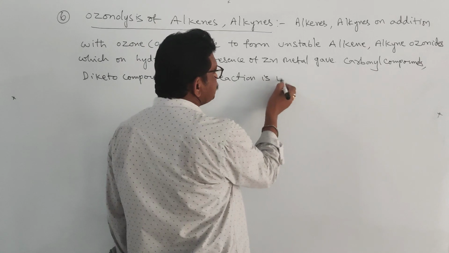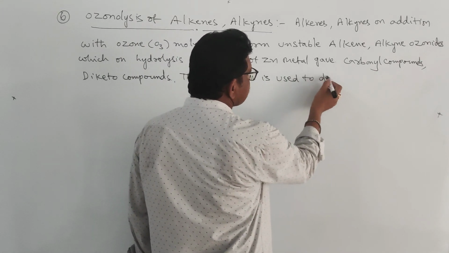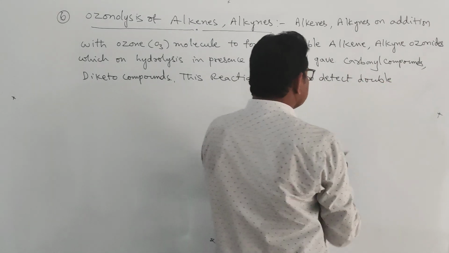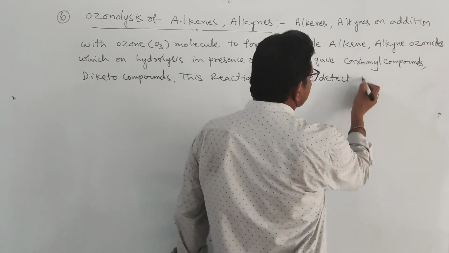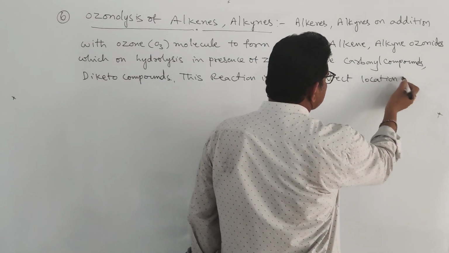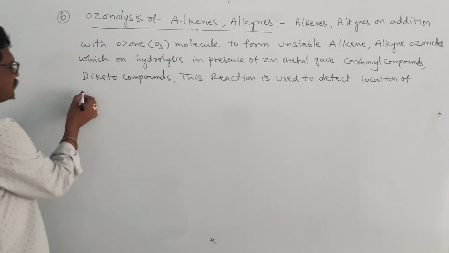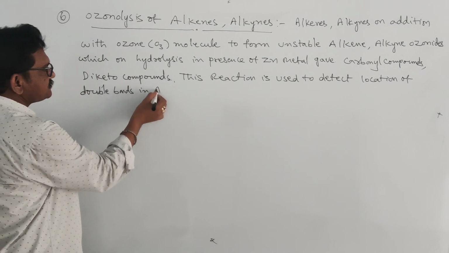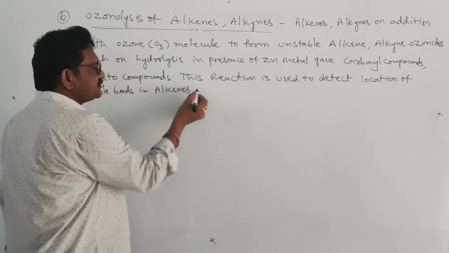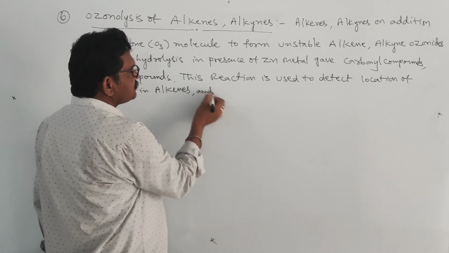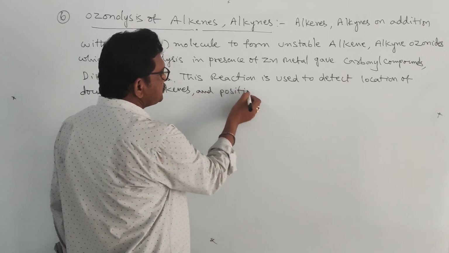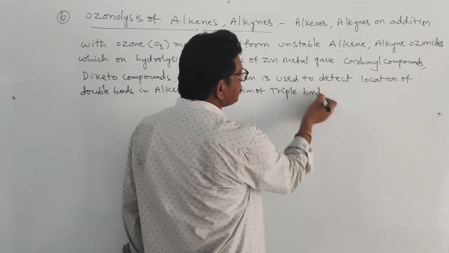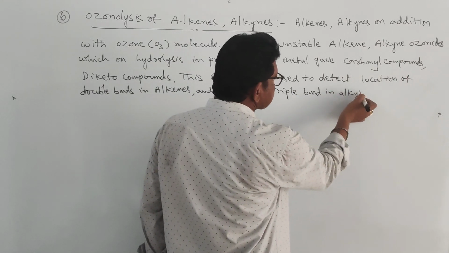So this reaction is used to detect the position or location of double bonds in alkenes, and position or location of triple bond in alkynes. This is the use of this reaction.